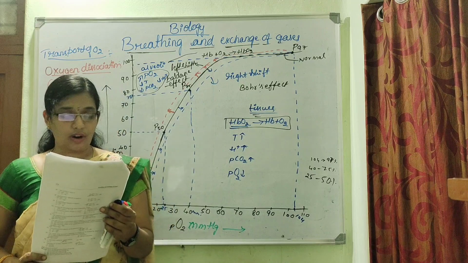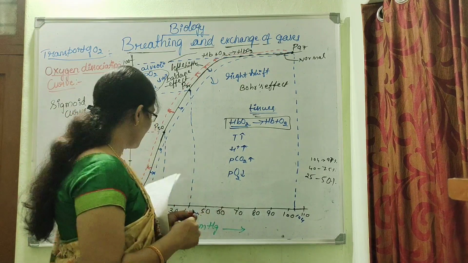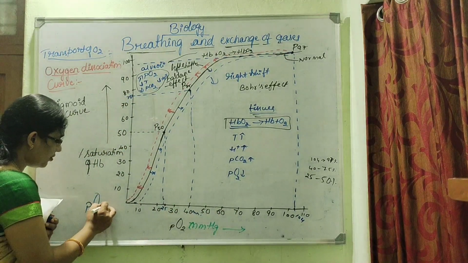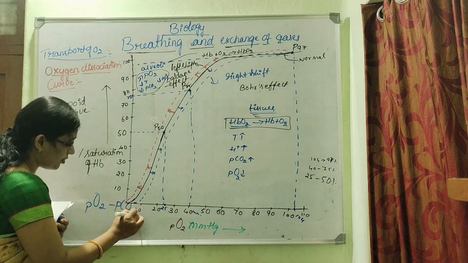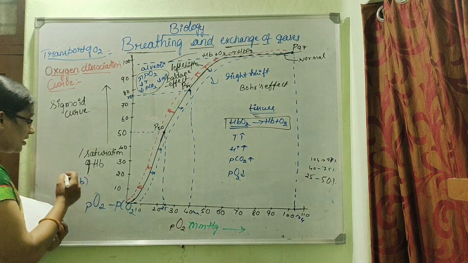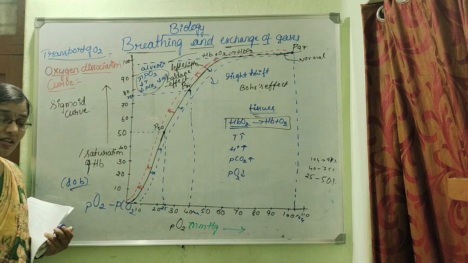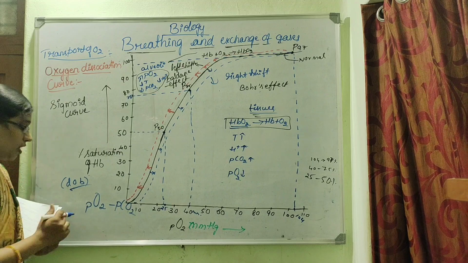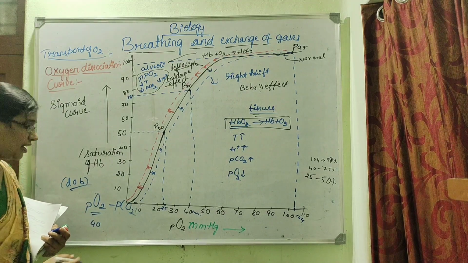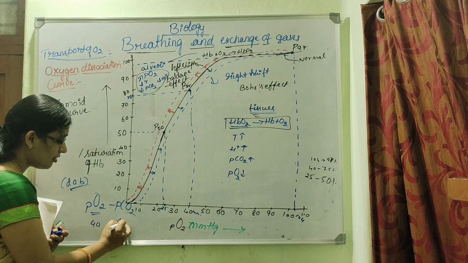What is the value of PO2 minus PCO2 in deoxygenated blood? In deoxygenated blood, the PO2 value is 40, whereas the PCO2 value is 45.